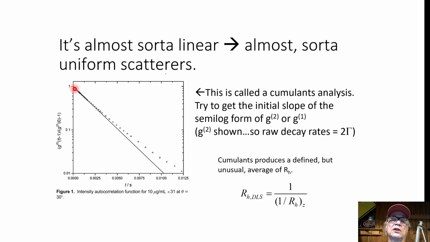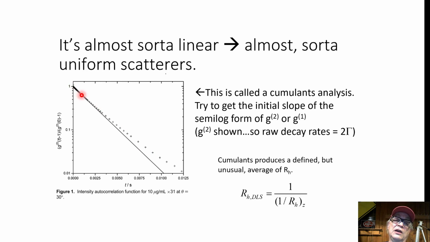We could fit the initial behavior of this line to a straight line if we only use those points. Or we could take more points and start using a quadratic. Or we could take even more points and start using a cubic equation. But in all cases, whether we use a linear, quadratic or cubic equation, we're really interested in that initial slope.